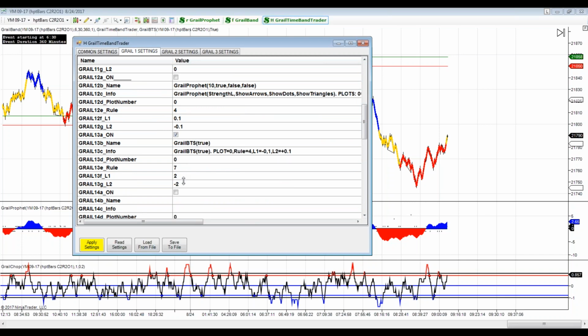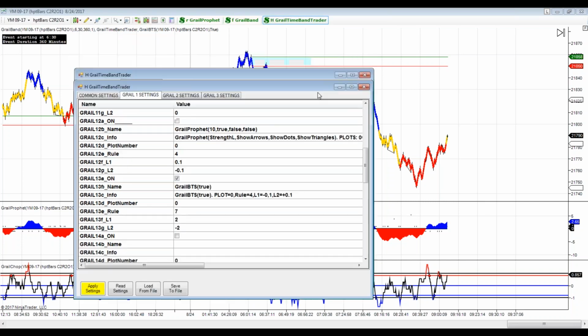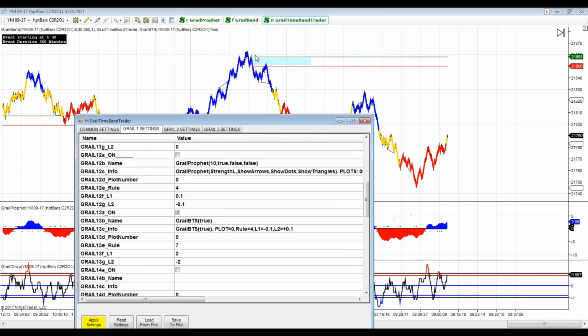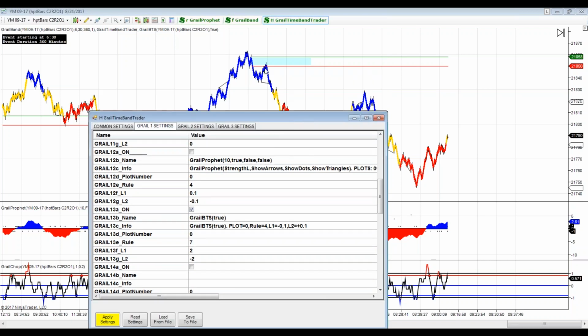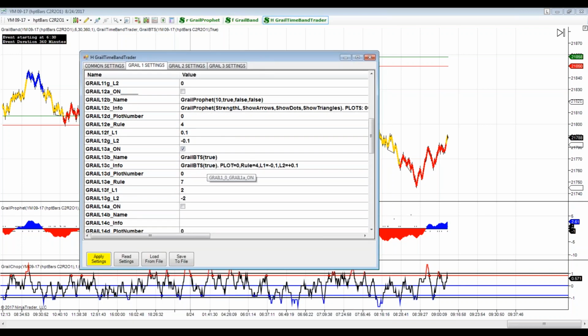The setting of 2 and -2 means that it's only looking at blue or red. So when the BTS is blue and it goes above the band, it's going to fire a long trade. When the BTS is red and it goes below the band, it's going to fire a short. Okay, this is Grail 1.